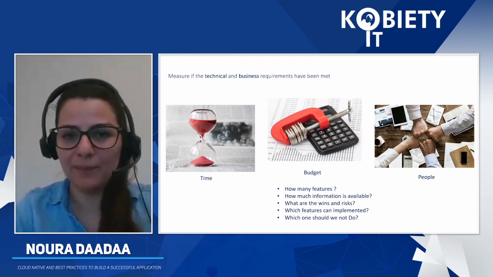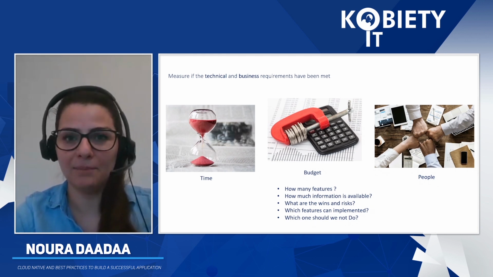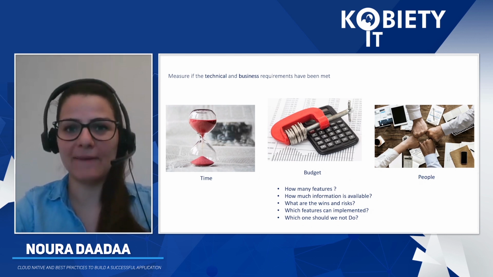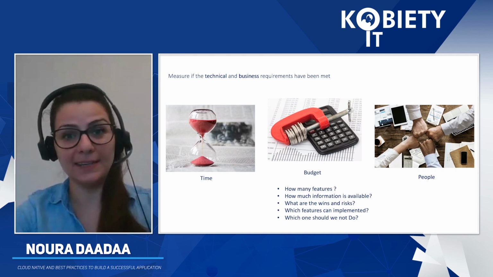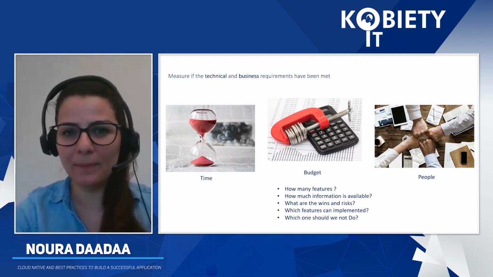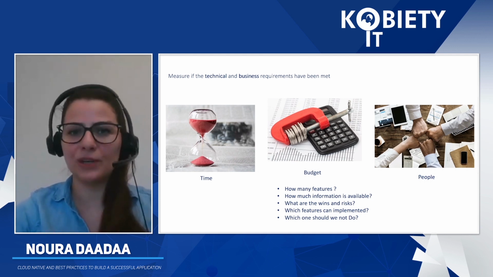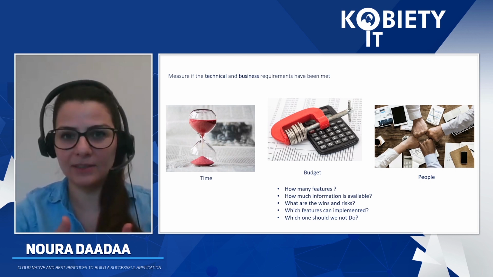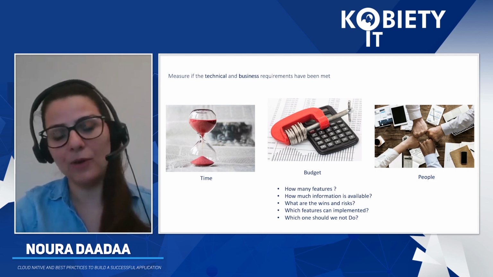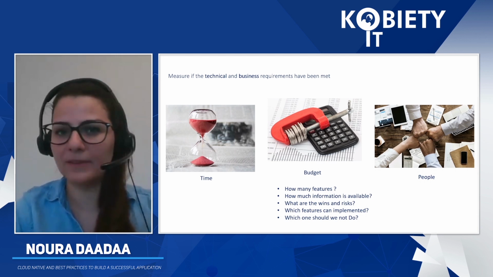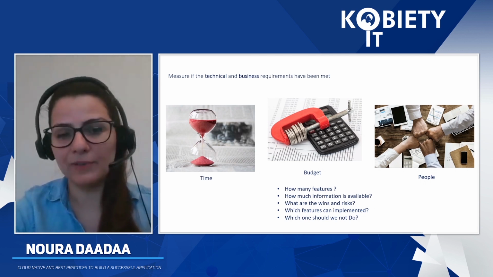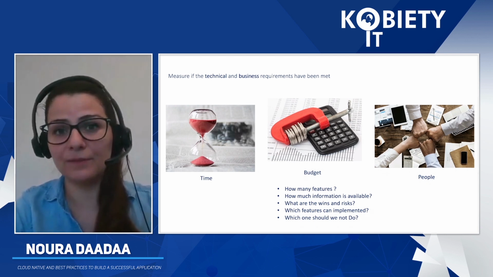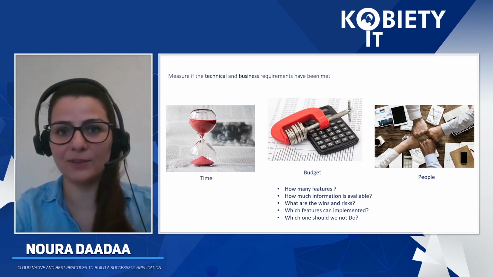One of the most important things when you evaluate time, budget, and people is to understand very clearly what are the things that we should never do as a product team, because developing a successful application sometimes requires you to make tough decisions and difficult calls, where you sometimes have to deliver something short term and then build it over time. So those types of things need to be studied very well, and when we take those types of decisions, they should be collectively understood by both the consumer and the vendor.